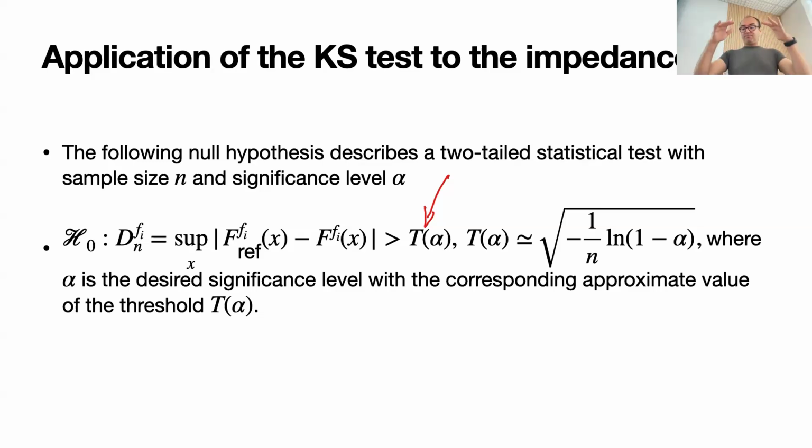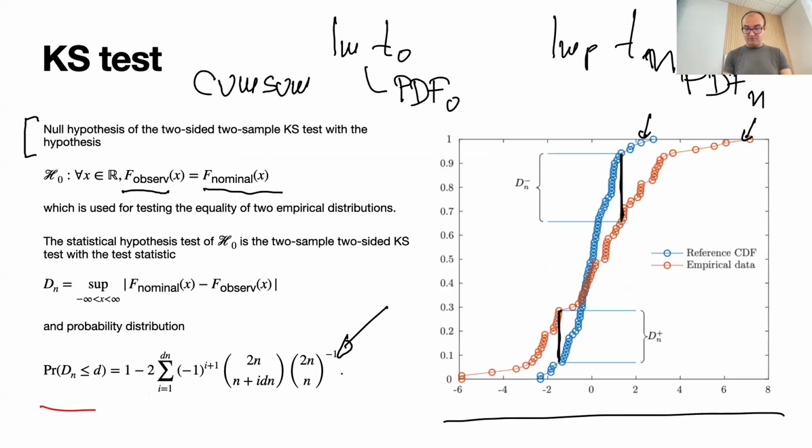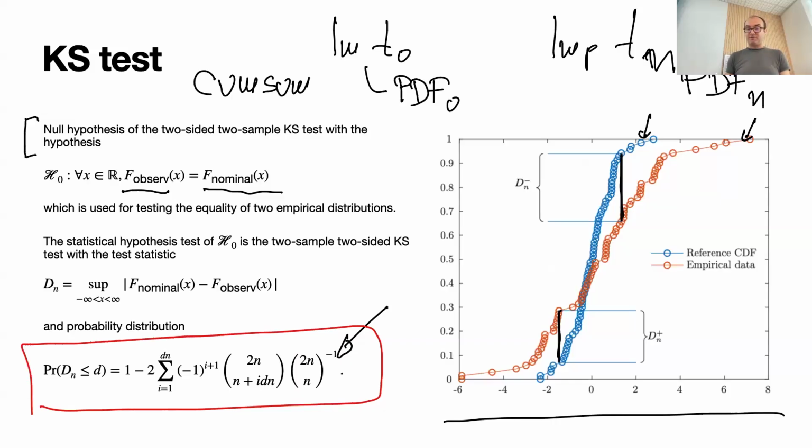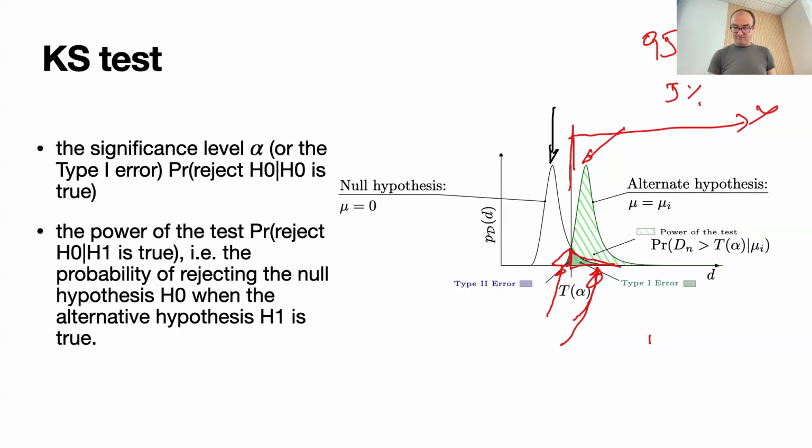In every possible numerical library for statistics, there is a function called Kolmogorov-Smirnov test, and that function does this calculation. You don't even have to think about it. It is implemented there, and it will give you a p-value.